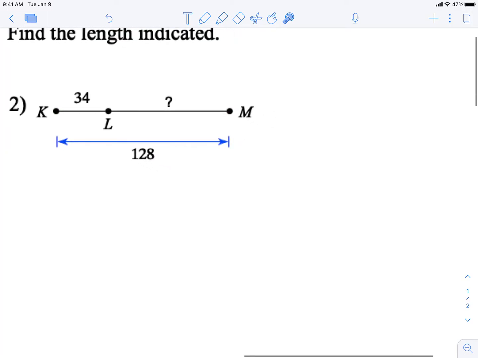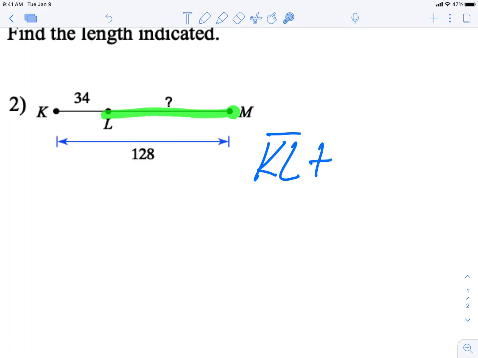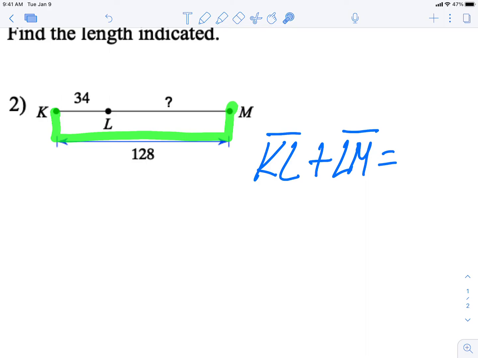So the first short segment goes from K to L. So we say segment KL plus the next segment, middle to right, segment LM, is equal to the long segment, segment KM, right? Segment KM, just like that.